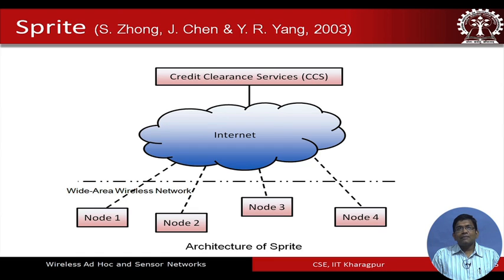So, these nodes in the MANETs would be connecting to some kind of credit clearance service, a very similar kind of service as it appears in real credit card services, and these nodes are going to connect to the CCS via the internet.